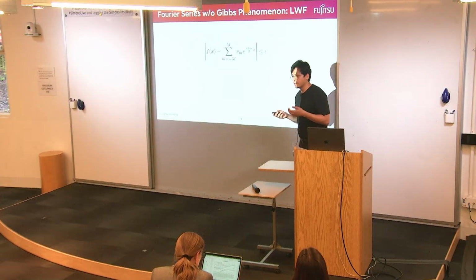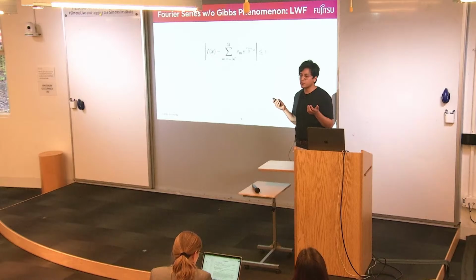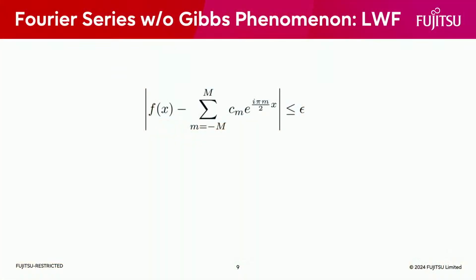so that these methods can be implemented on earlier devices. So first of all, if our primitive is the Hamiltonian evolution operator, or the effective Hamiltonian evolution operator, and we want to transform this signal into another function, we use the Fourier series.